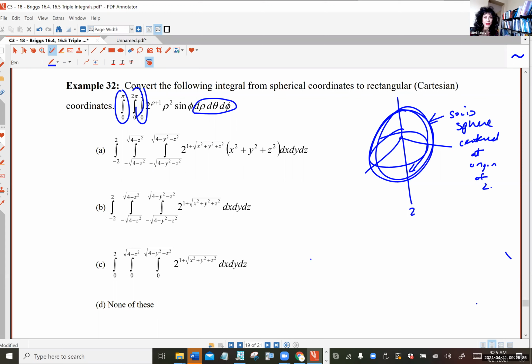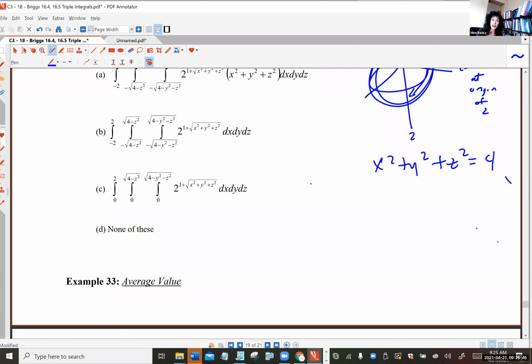Or is it when you convert to rectangular? Hopefully you get x squared plus y squared plus z squared equals 2 squared, which is 4, the equation of a sphere in rectangular. If you let z equal 0 and just look at the xy plane, then it's just the graph of x squared plus y squared equals 4, like this.